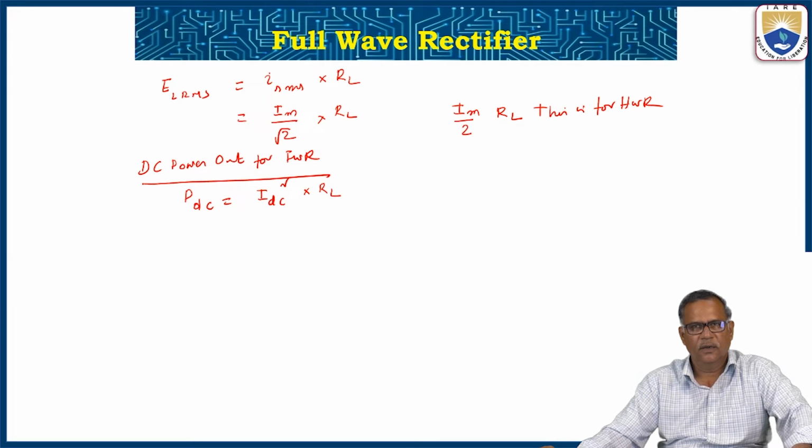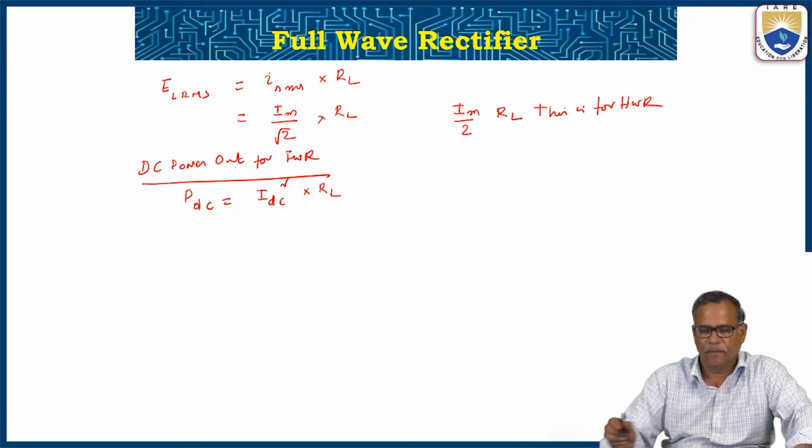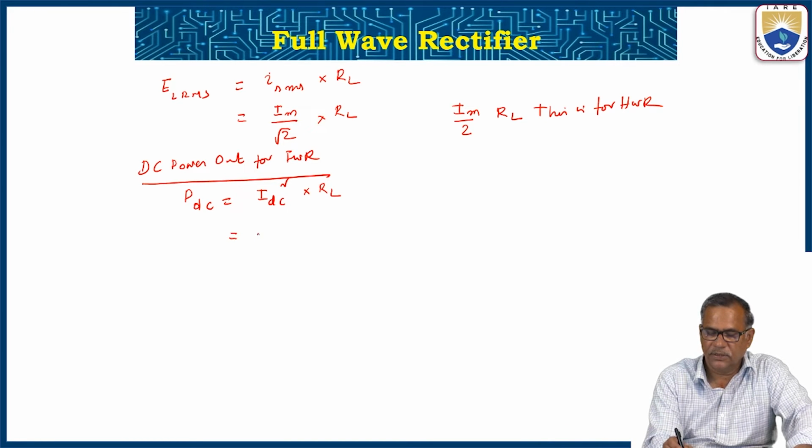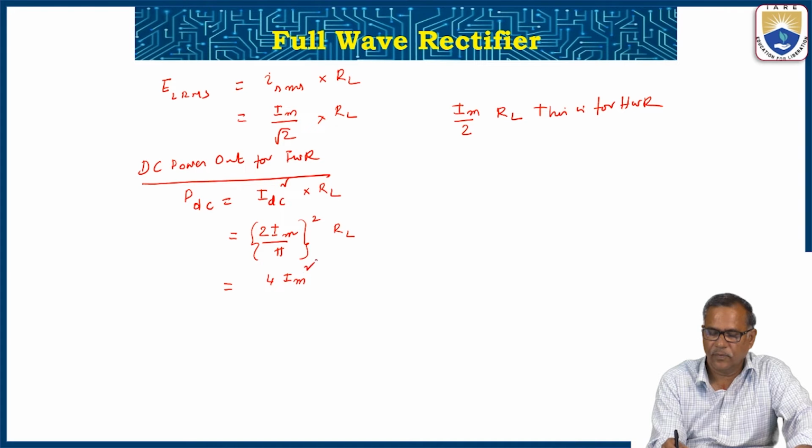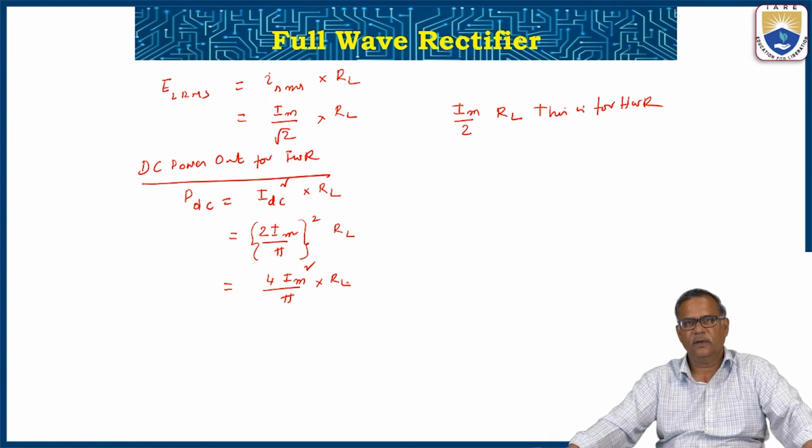It is 2 Im by pi, so it is 2 Im by pi whole square multiplied by RL. So this is equal to 4 Im square by pi square multiplied by RL. So this is the DC power output for the full wave rectifier.